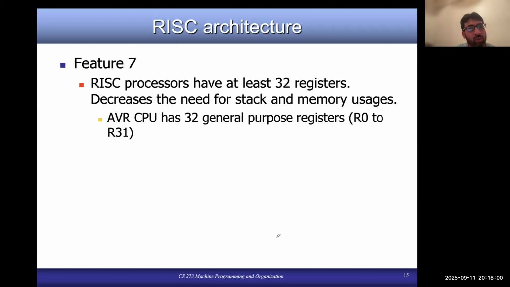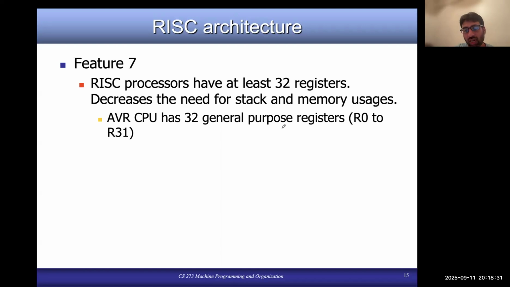Okay. RISC processors have at least 32 registers. I don't think this is universally a true statement, but they have a sufficient amount of general purpose registers, which reduces the need for stack and memory usage. For example, in the AVR microcontroller, we have 32 general purpose registers, so we can hold our temporary data in those registers, and we don't need to write our data to the memory.